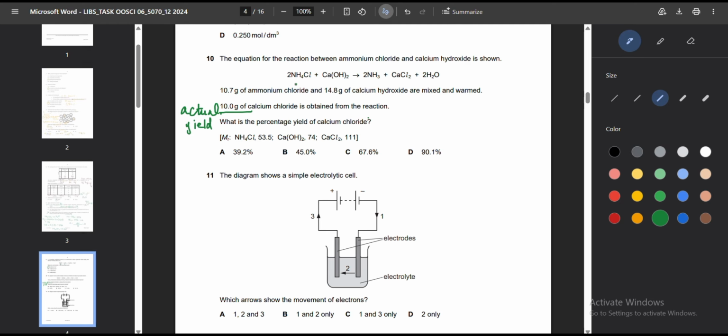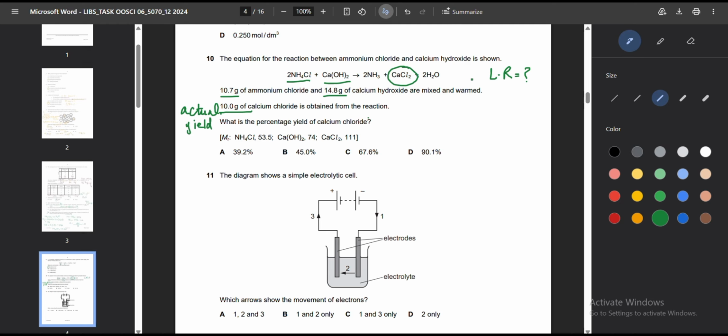Now in the equation we have two reactants, ammonium chloride and calcium hydroxide. Their masses are also given. Out of these two we have to find out which one is the limiting reactant, because the limiting reactant is the one that controls the amount of product which is formed.